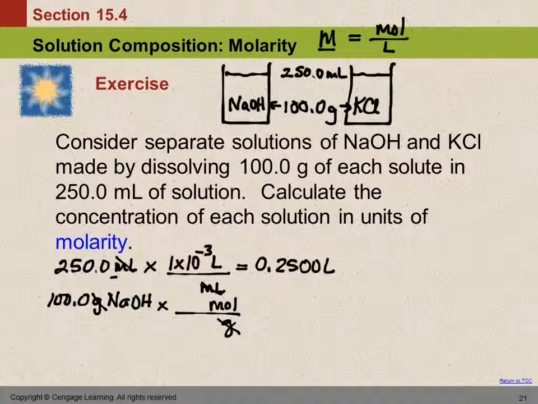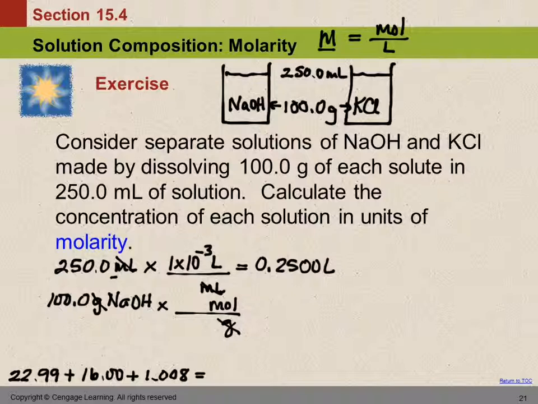Well, how do we figure out what the molar mass of sodium hydroxide is? We use the formula in the periodic table, right? So sodium is 22.99 and oxygen is 16.00 and hydrogen is 1.008.